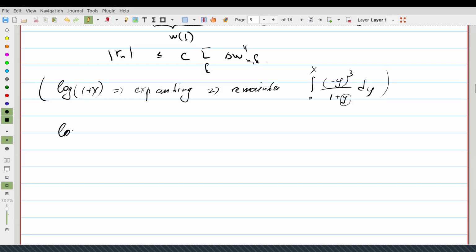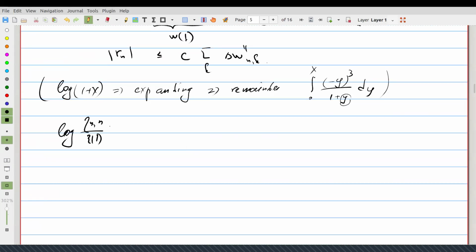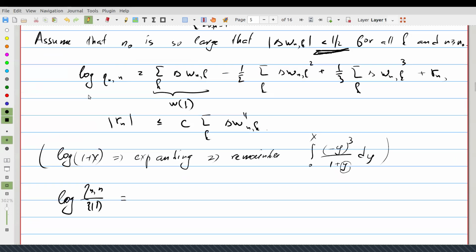Now the logarithm of η n divided by ψ1. ψ1 is just this, so the logarithm of W_t minus t over 2 at 1 can be written. This cancels. This is all that is left.